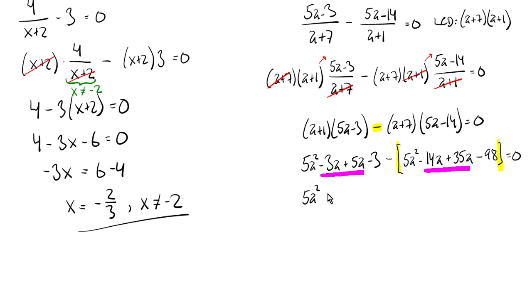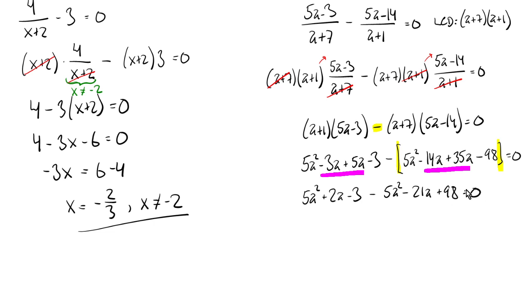Negative 3 plus 5a is positive 2a. Minus 5a squared. We have negative 14a plus 35a. That is positive 21. So that's positive 21, but then we flip the sign because there's a minus sign in front of it. It's going to be negative 21 and plus 98 equals 0.